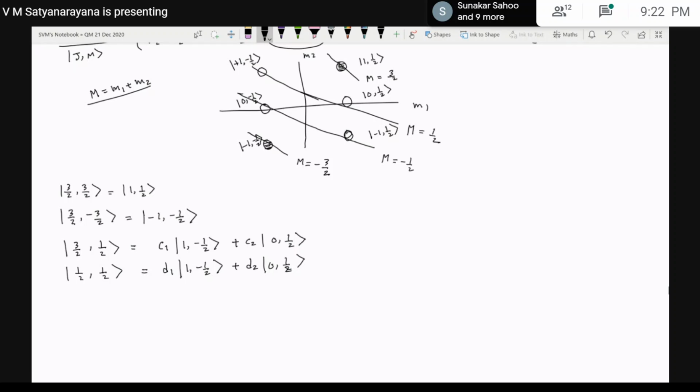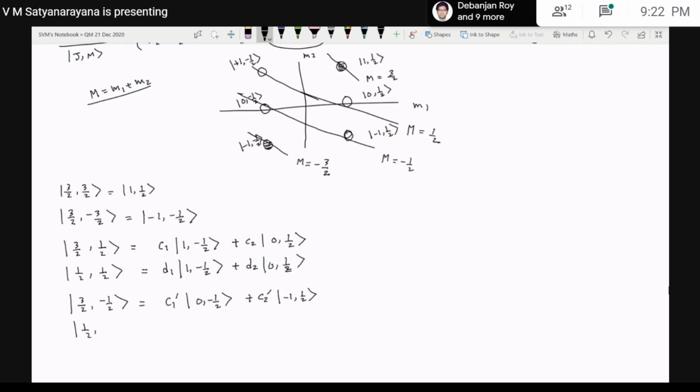Now you have two more. What are they? That is 3 by 2 comma minus half, which is equal to, maybe let me call it, C1 prime times 0 comma minus half plus C2 prime times minus 1 comma half.